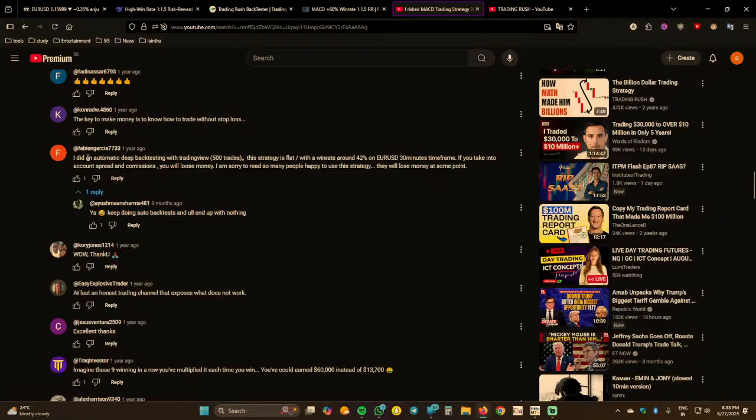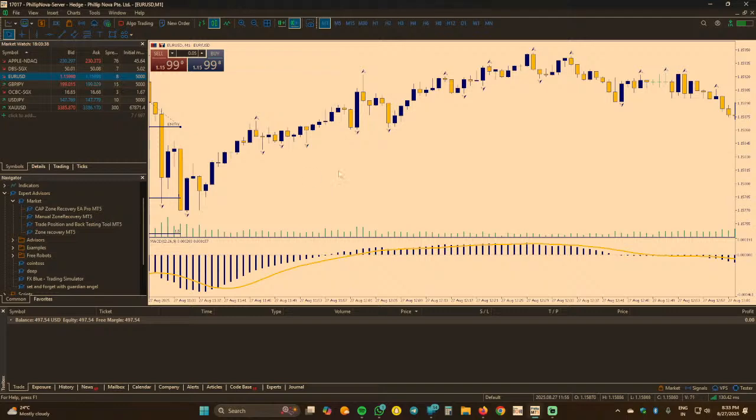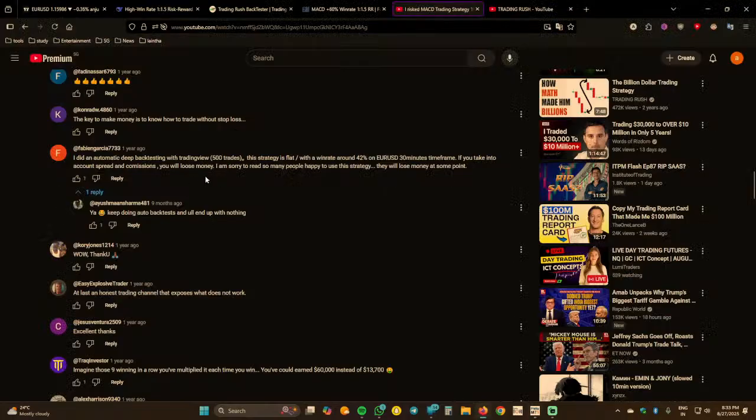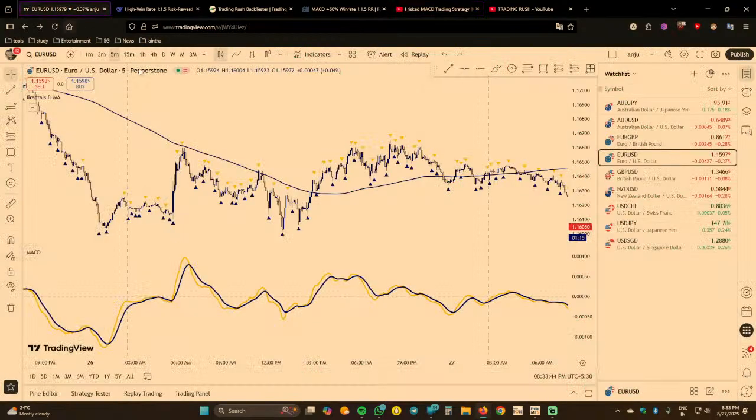Okay, this one I don't know about, because I can right now write a simple algo for MT5 with some of these basic rules. Price should be above or below 200 MA, MACD cross, and the stop loss in the previous fractal.